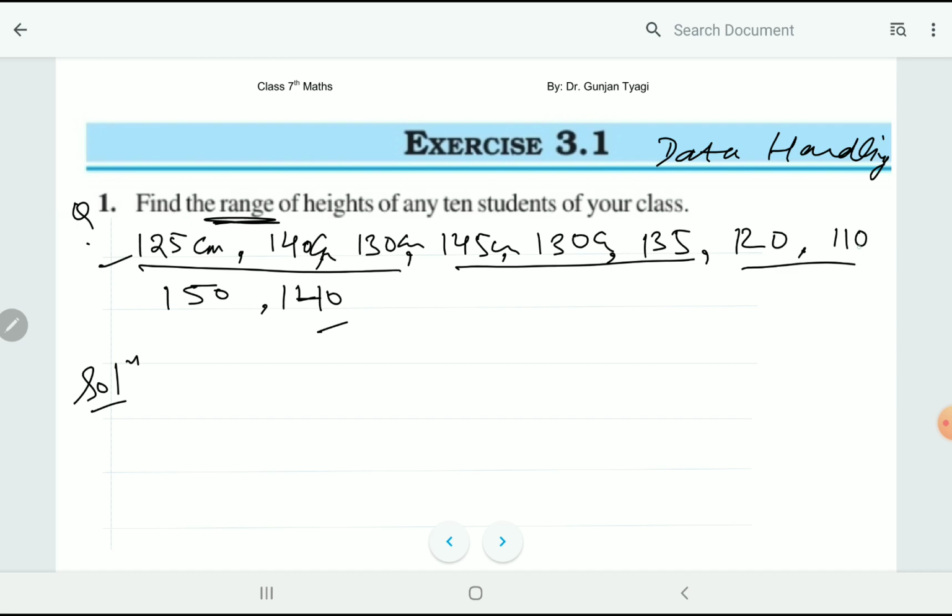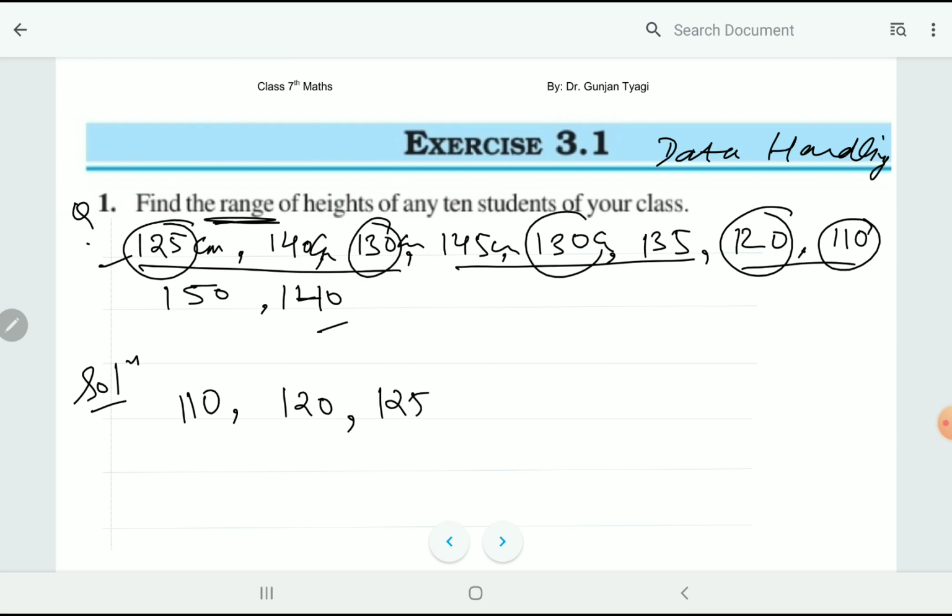First of all, I will write the smallest number, which is 110, then 120, then 125, which I will circle. 130 is here twice in this data, so I will write it twice.